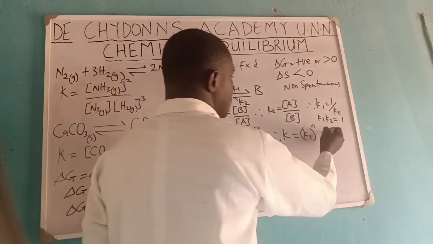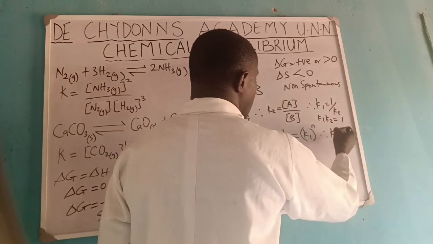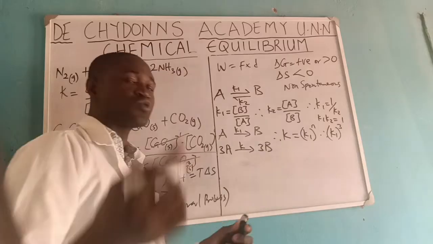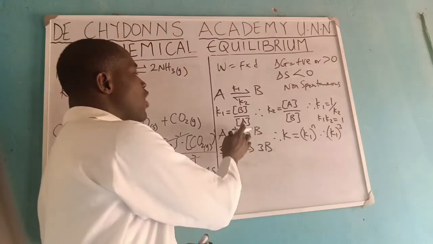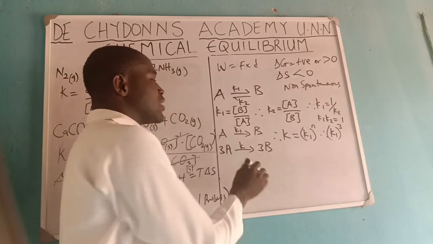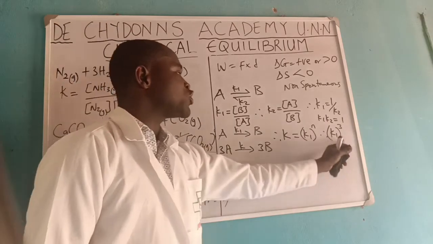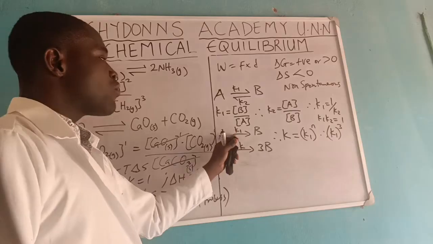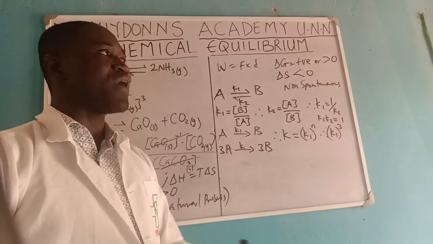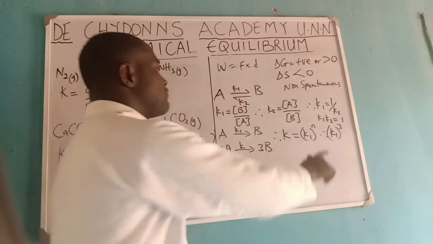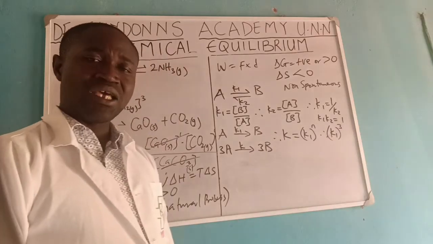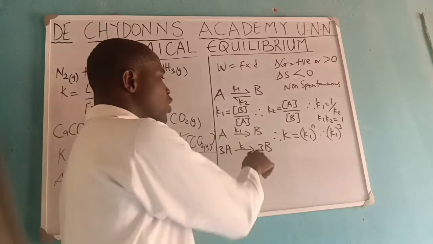You say your K1 all raised to the power of 3. That is just what you have to do. So if your equilibrium constant K1 is, let's say, 10, it means 10 raised to the power of 3. If equilibrium constant K1 is maybe 5, whatever, you say 5 raised to the power of 3. It gives you your answer because of what we have here.